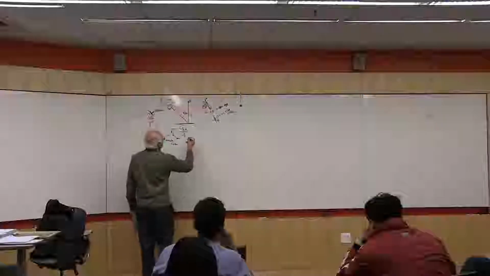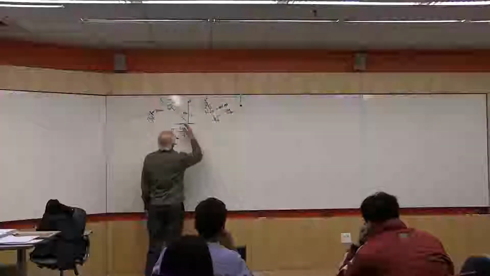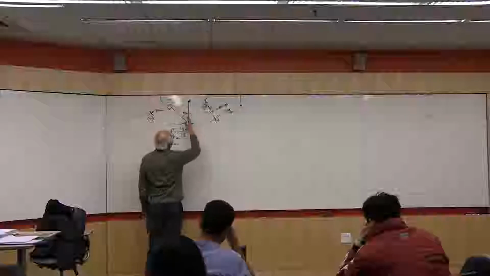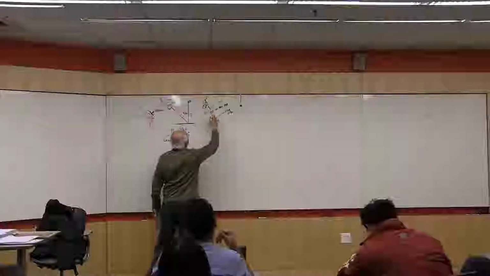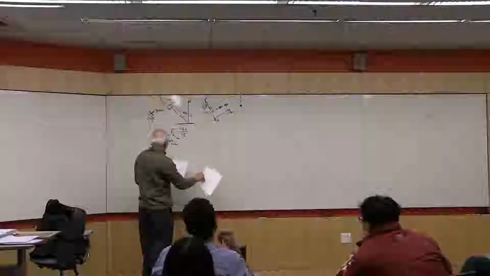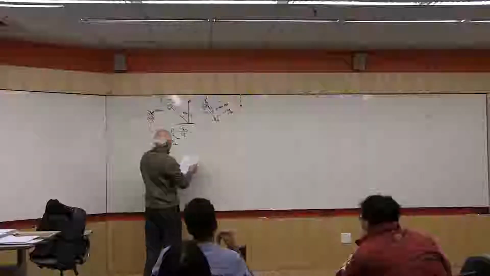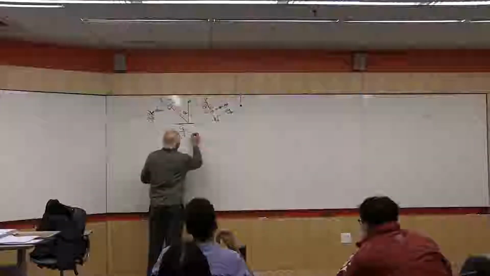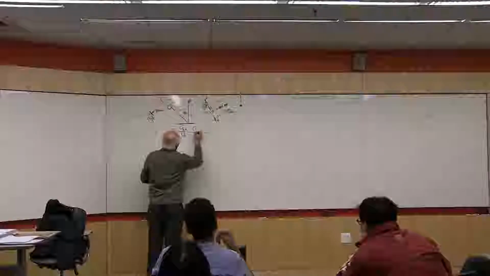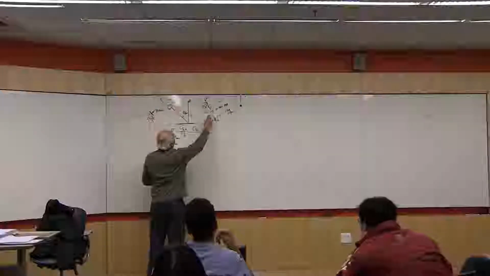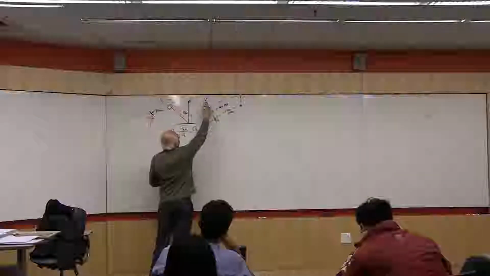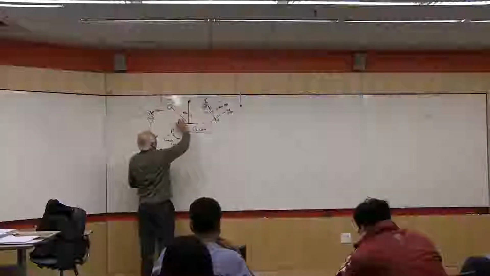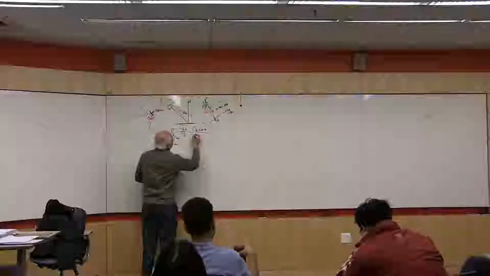So eventually this becomes GBN times cosine theta for GBT, and GBN times cosine theta z.